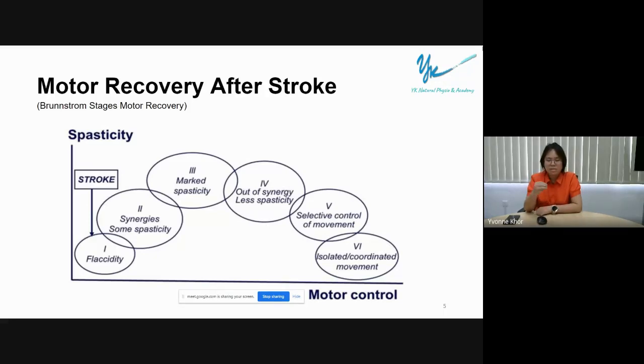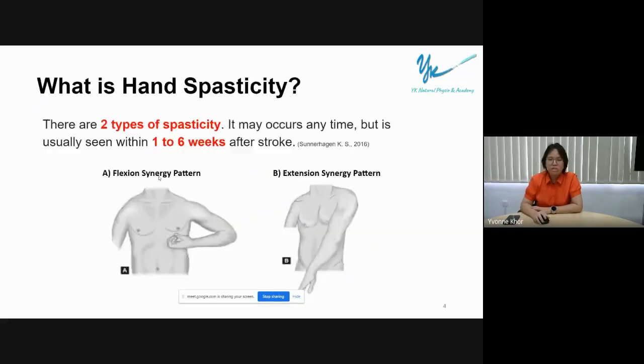That means the spasticity does not happen immediately after the stroke. After some time, they will develop the synergy pattern, which is the photo I showed you just now. Then as time gets longer, they will get very obvious spasticity, which you can see from here, the flexion synergy pattern and extension synergy pattern.